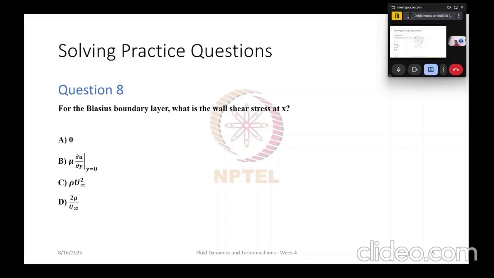Is it option A, 0? Is it option B, nu dou u dou y at y equals 0? Is it option C, rho u infinity squared? Or is it option D, 2 mu by u infinity?